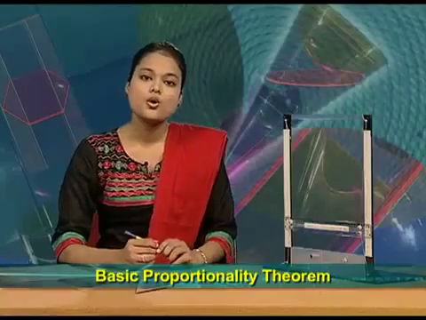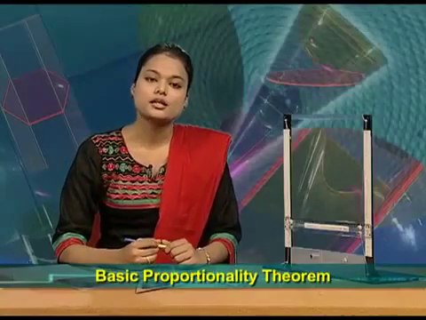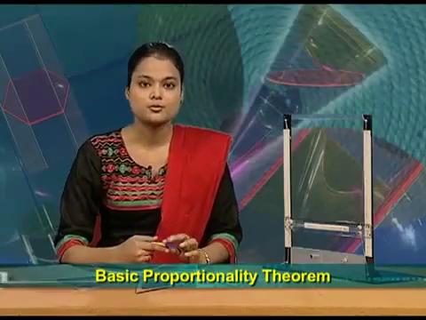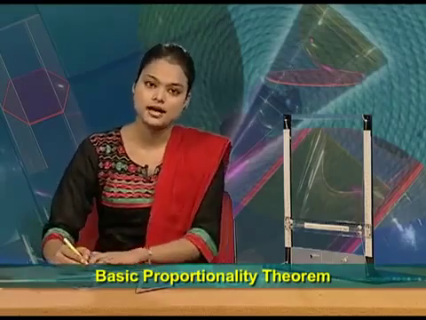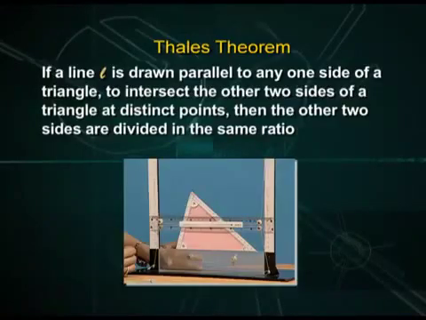Now students, what do you mean by basic proportionality theorem? Basic proportionality theorem states that if a line L is parallel to any one side of a triangle to intersect the other two sides of a triangle at distinct points, then the other two sides are divided in the same ratio.